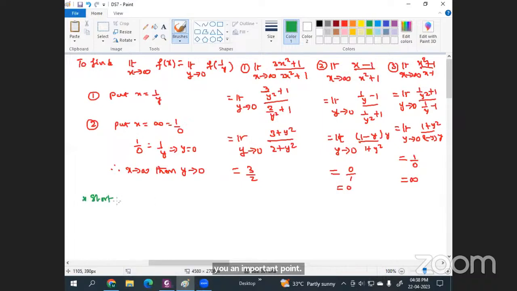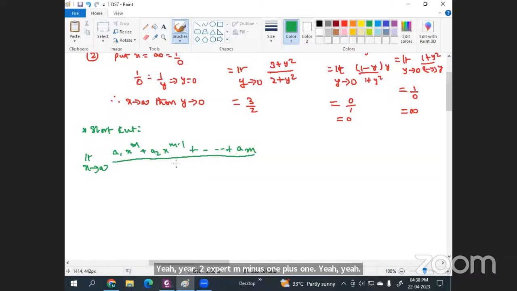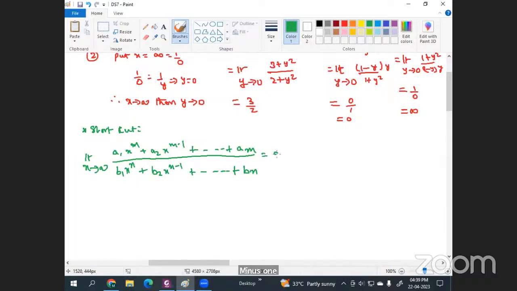The shortcut is: limit x tends to infinity of (a1 x power m, a2 x power m minus 1, plus so on, am) whole divided by (b1 x power n, b2 x power n minus 1, plus so on, bn). So sorry, this is the question they asked you.